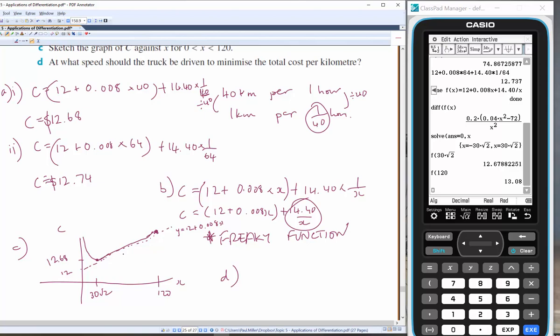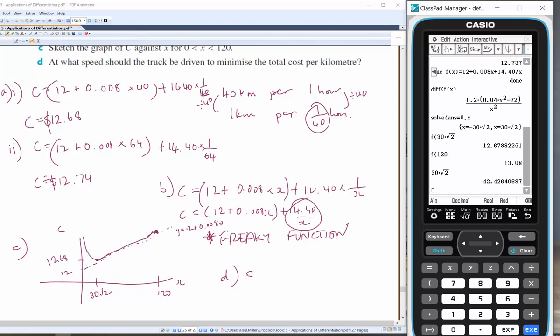Well, it's just the minimum, so at what speed? It was back here, 30 root 2. And we'll just approximate 30 root 2.